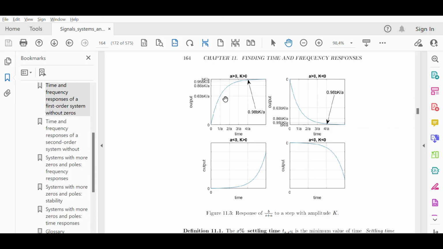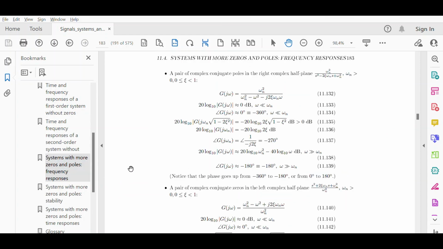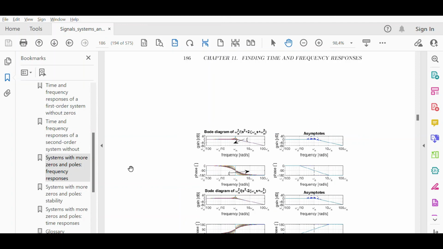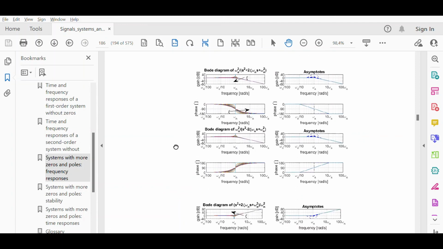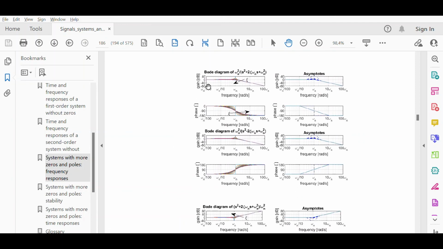You learn to find time and frequency responses. So now you have to reason backwards. Given a certain time or frequency response, you have to find the model that describes the said time or frequency response.